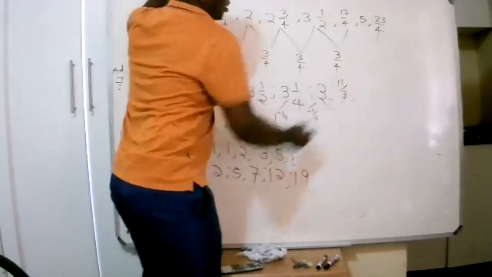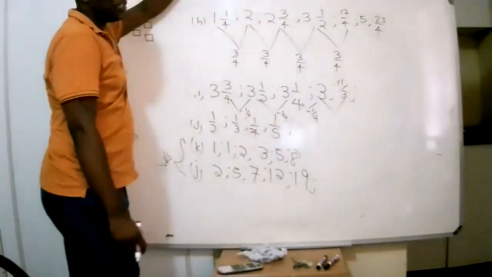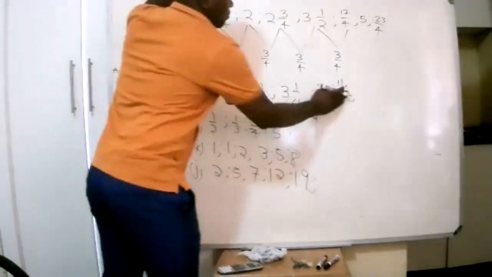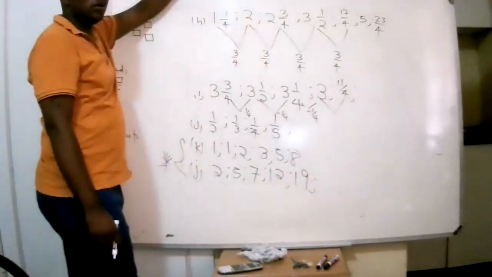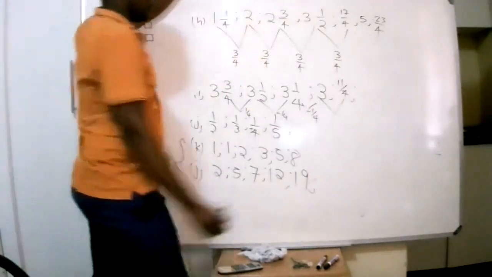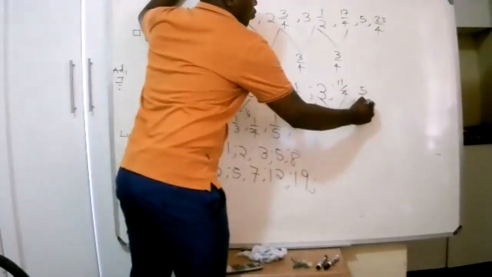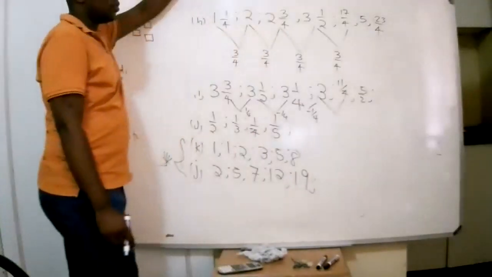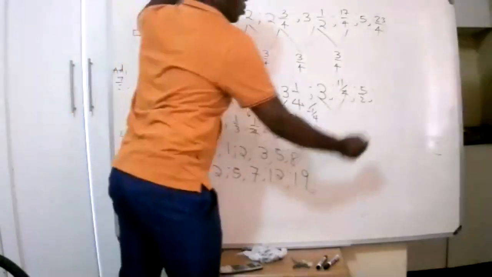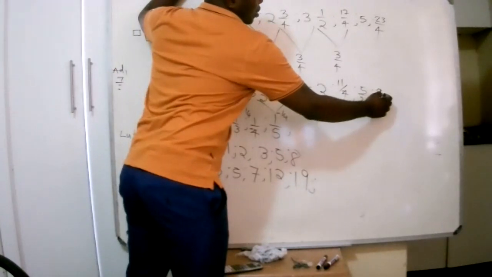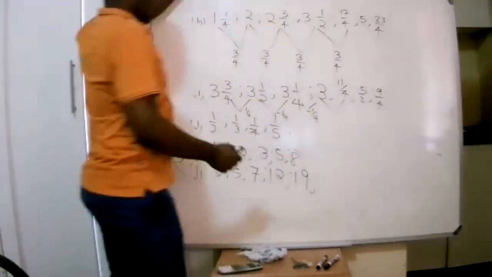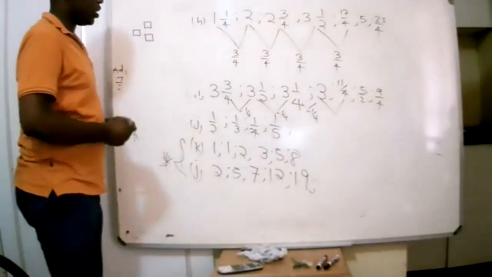And the next term after 11 over 4? 5 over 2. And the next term after that? 9 over 4. Wonderful. This is how you're supposed to get these terms.